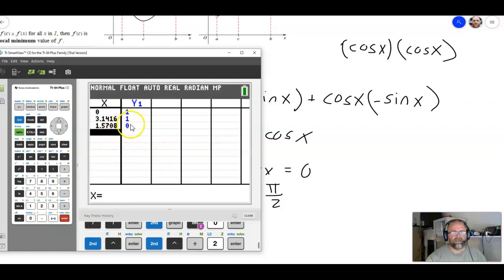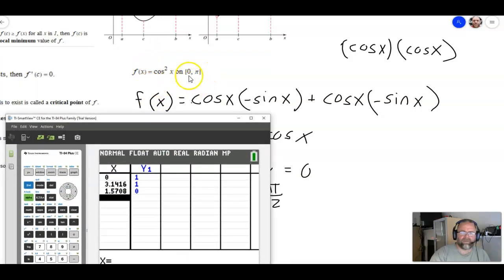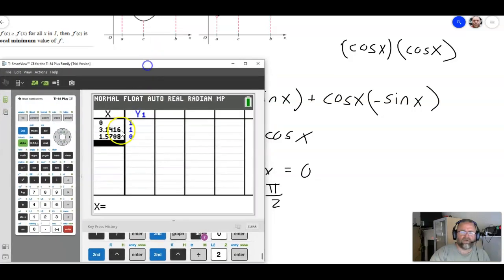So it looks like we get an absolute maximum at 0 and pi, and an absolute minimum at pi over 2. That means if we take any other values in that interval right there, we're going to get something between 0 and 1.